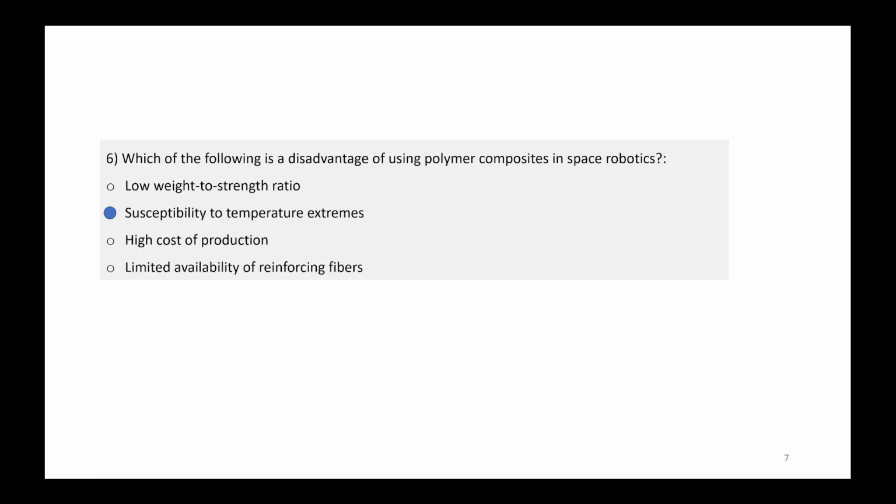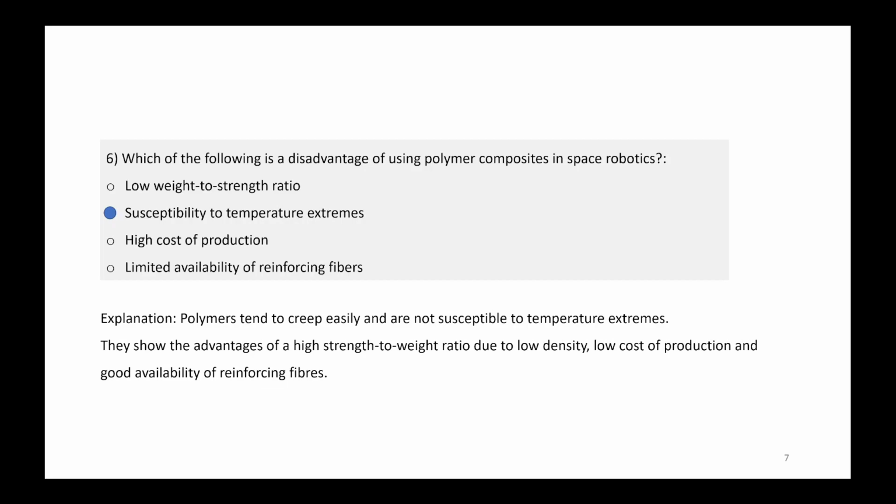The answer was susceptibility to temperature extremes. Seventh question: which one is not the role of reinforcement in a composite? To enhance stiffness, to enhance strength, to provide crack bridging, or to increase density? The answer was to increase density.